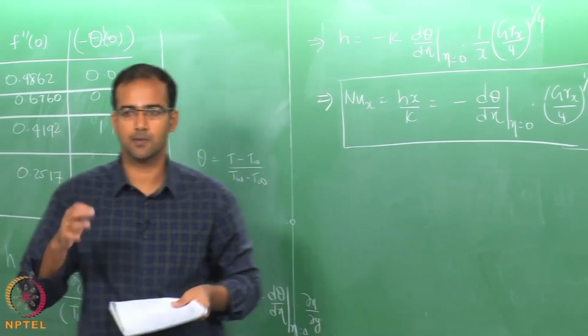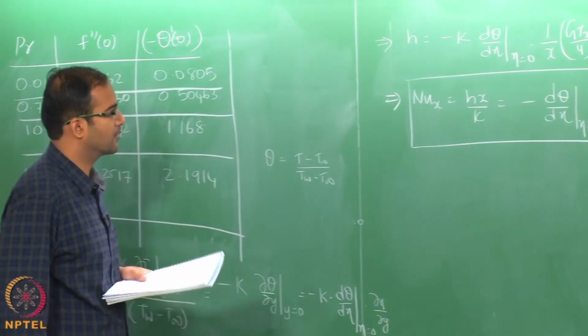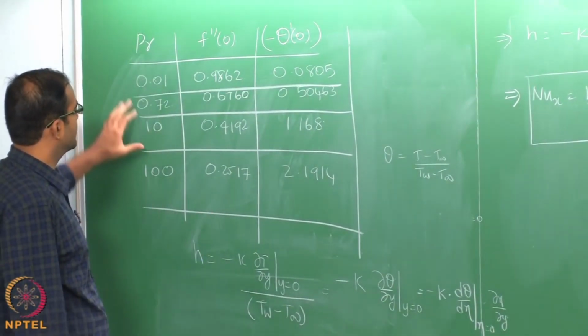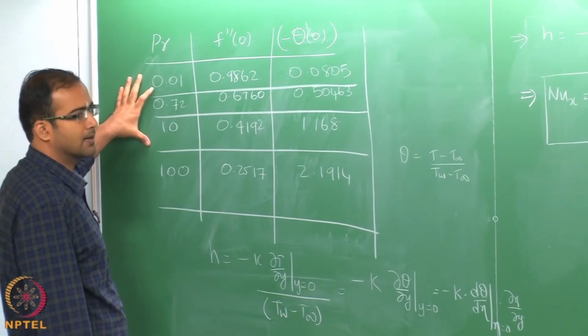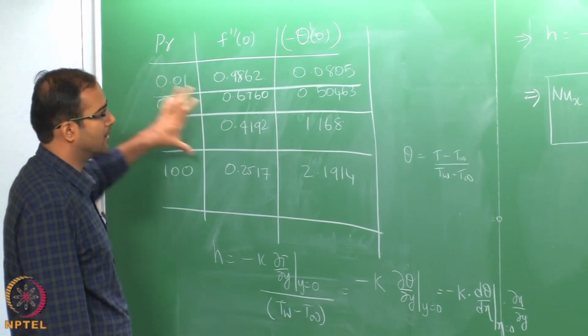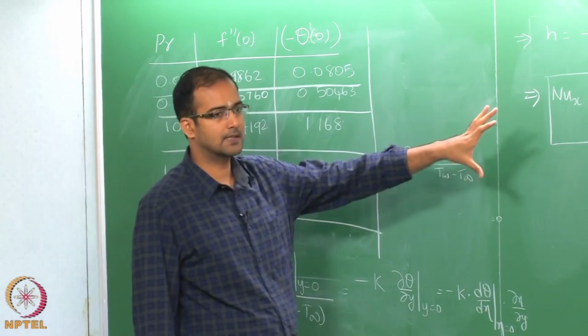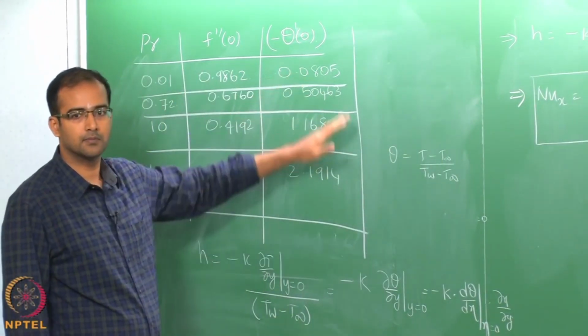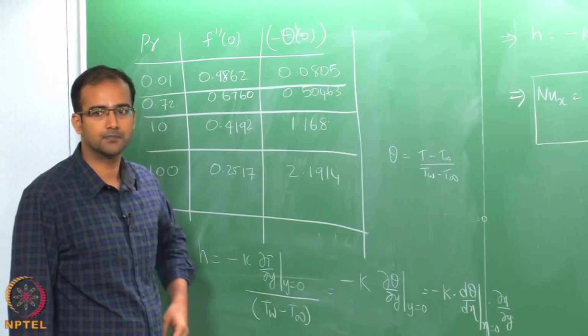Okay. So everything gets proportionally scaled. So the question is, now we have a functional dependence on Prandtl number. So we cannot directly say some value of d theta by d eta there. We have to fit a curve now as a function of Prandtl number.